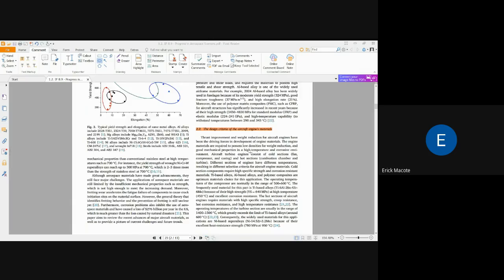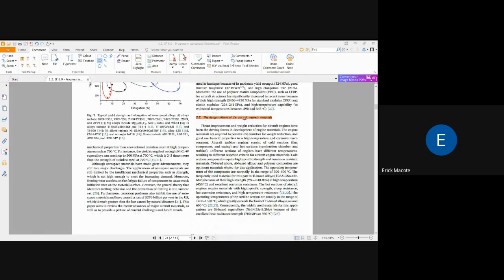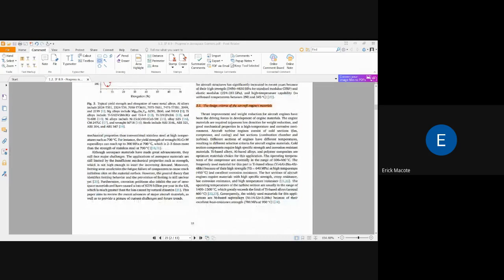On the other hand, regarding design criteria of the aircraft engine materials, they are required to possess low densities for weight reduction and good mechanical properties in high temperature and corrosive environments.